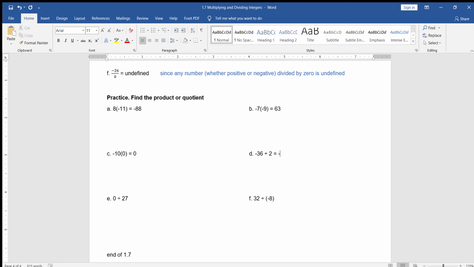Negative. And 36 divided by 2 is 18. So your answer is negative 18. Now for E, 0 divided by 27, what is your answer? Undefined or 0? 0. Hopefully you got that answer correct. And moving on.